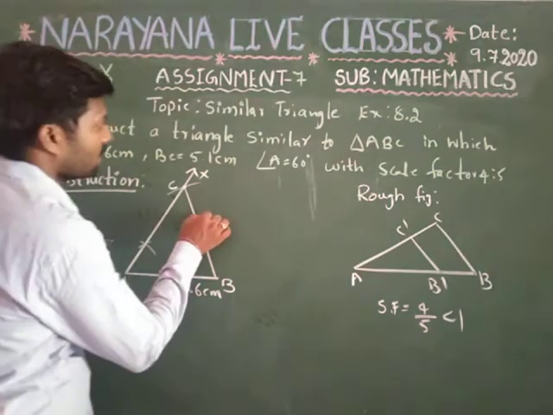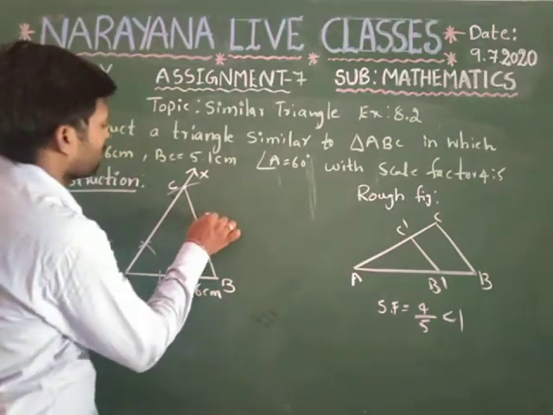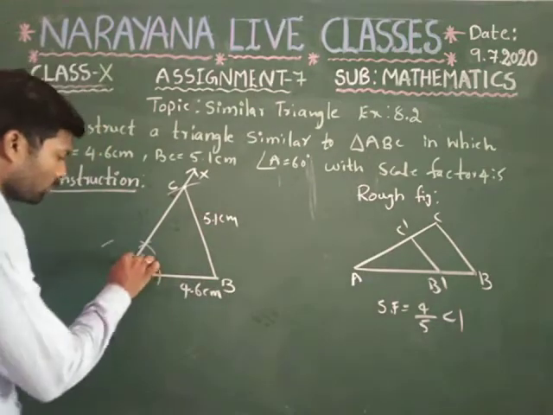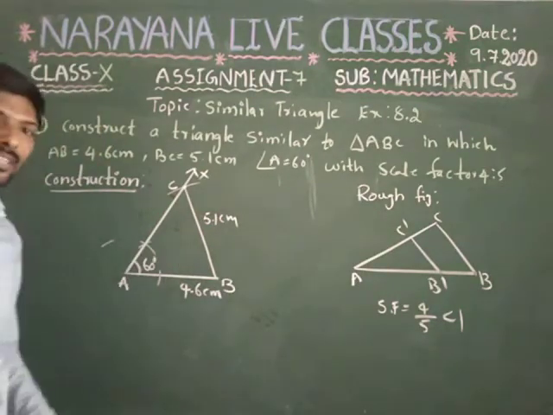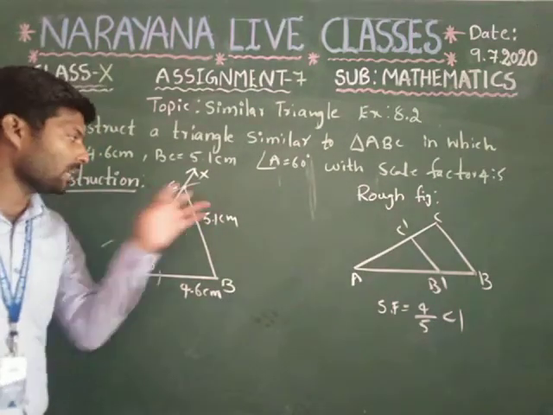It is 5.1 centimeters. What about this angle? It is 60 degrees. Hence we have constructed the basic triangle ABC.